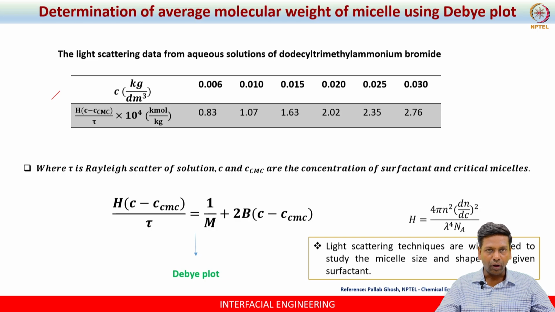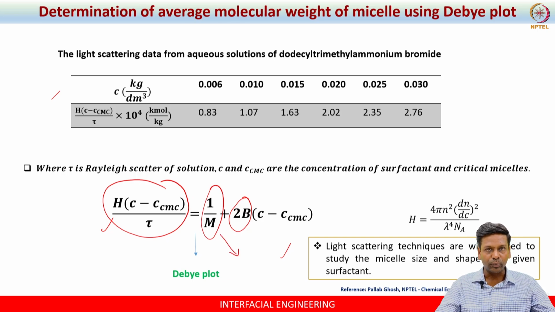When you plot it, with the concentration on the x-axis and this whole parameter on the y-axis, you would get a straight line, and the slope of that will be the second virial coefficient, which is 2B in this case, and the intercept will be 1 by M. So M is the molecular weight, right?